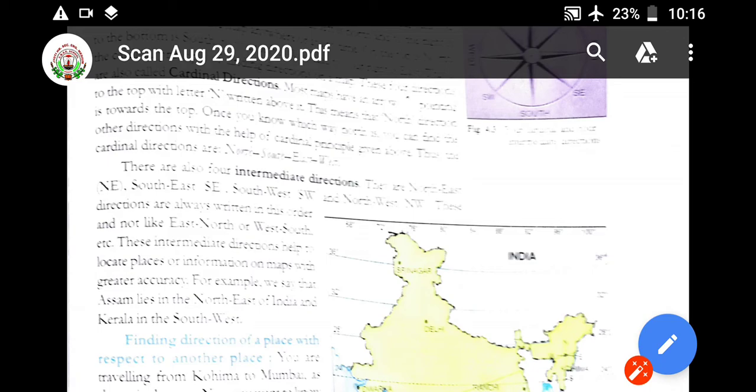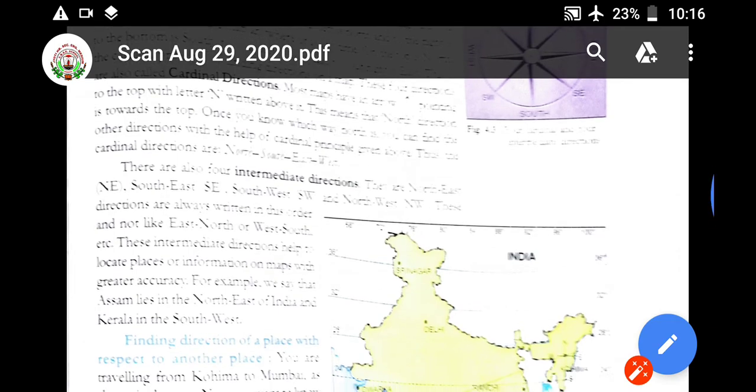So northeast means in the middle, between north and east, you are going to have Assam. And Kerala is in the southwest. South, you know, is at the bottom, right? And west, you know, is on which side? On your left hand side. So you can find the accurate place according to that.